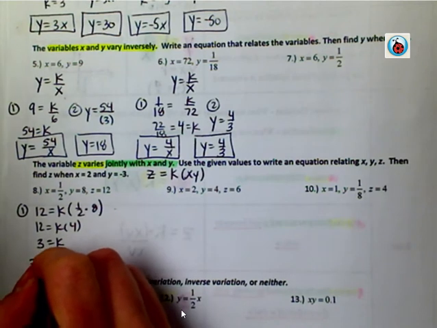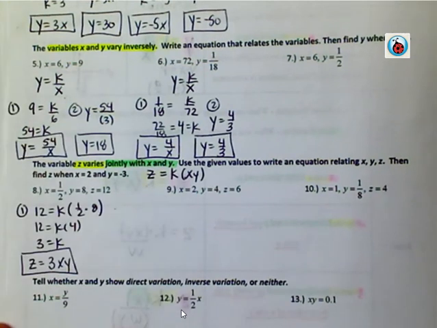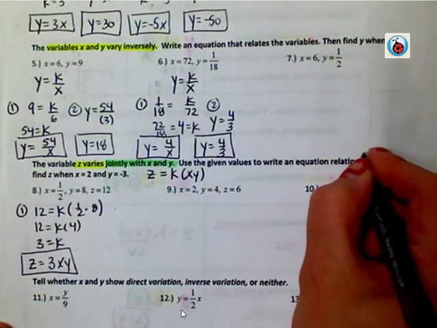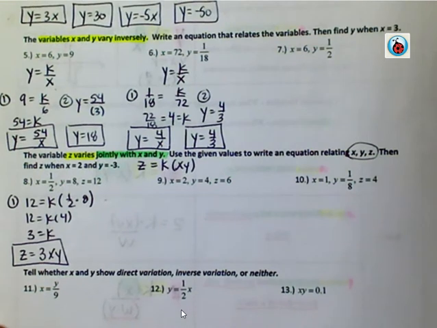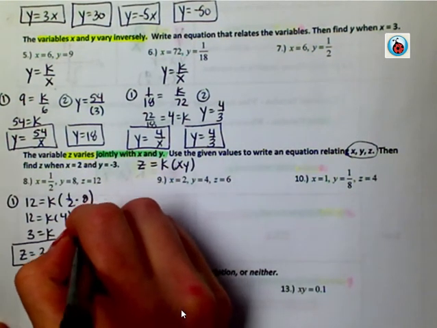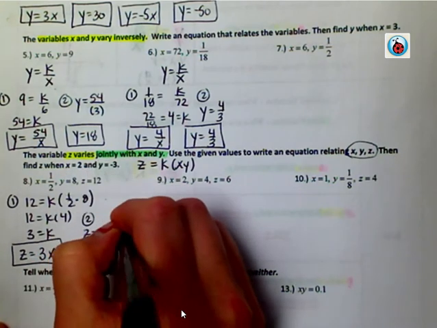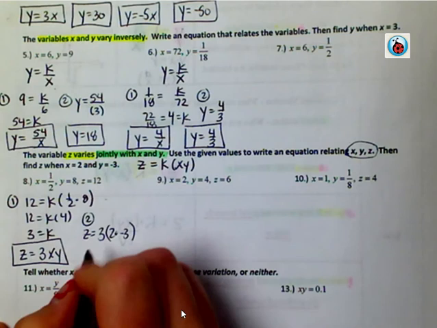Z equals, there's your equation that relates only those 3 letters. Second, find z when x is 2 and y is -3.